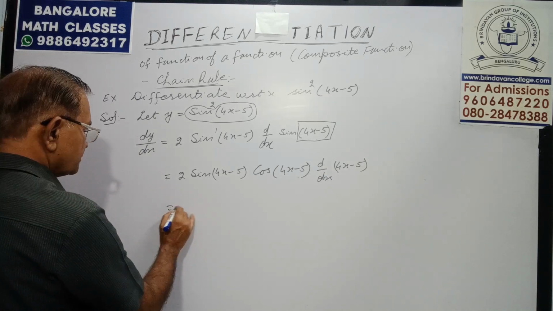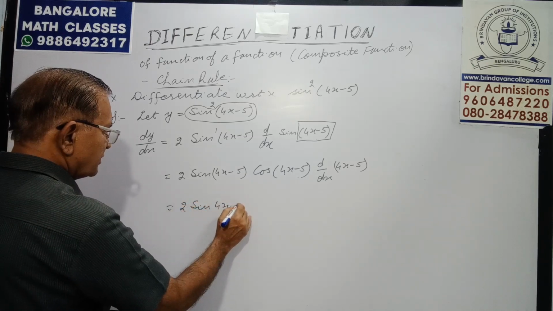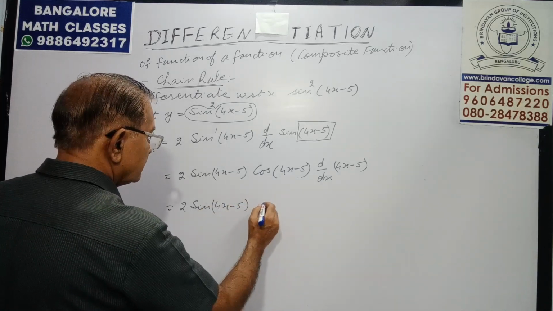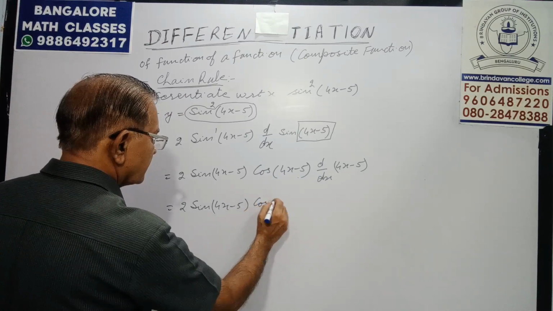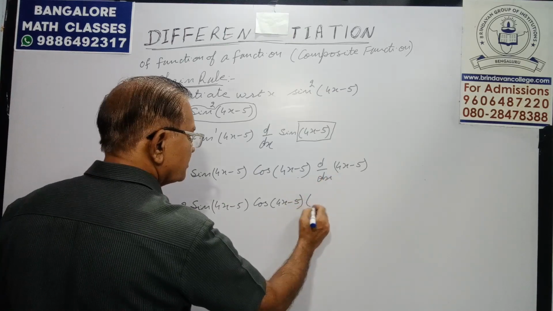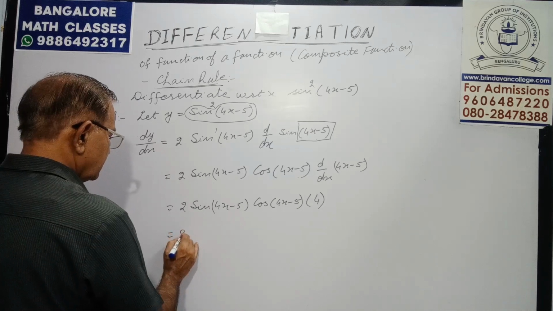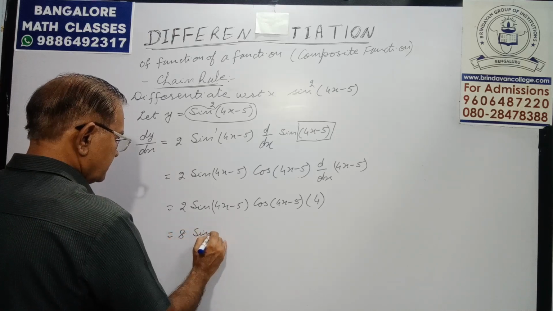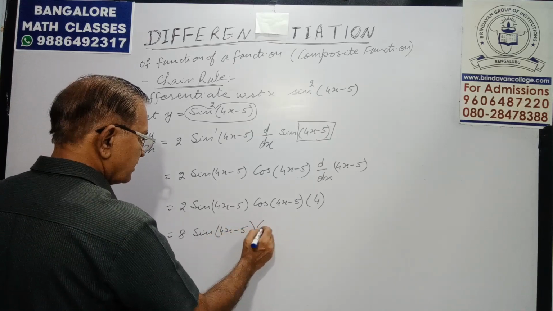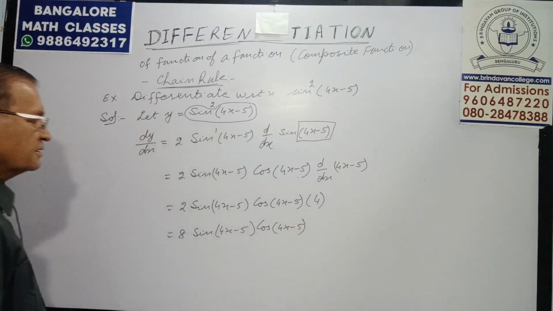Which will come out to be 2 sine 4x minus 5 cos 4x minus 5, its d dx will come out to be 4 for x, 1 for 5, 0. So thus it will be 8 sine 4x minus 5 cos 4x minus 5. So like that you can put the answer.